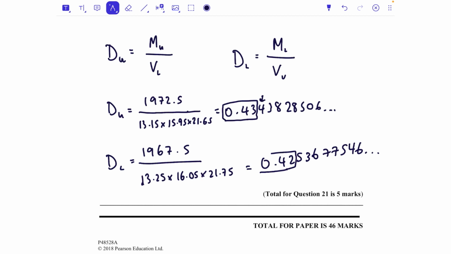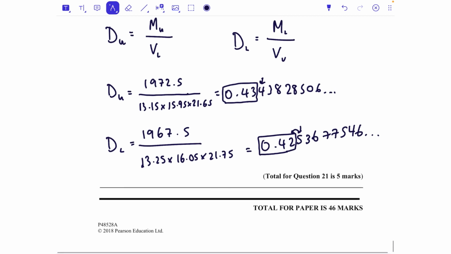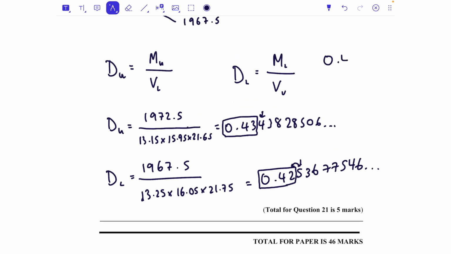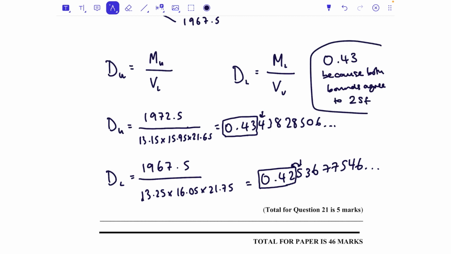And this number would actually also round to 0.43 because the next numbers are 5, so this would round up. So I would say that my answer is 0.43 because both bounds agree to two significant figures, and that would be my final answer.